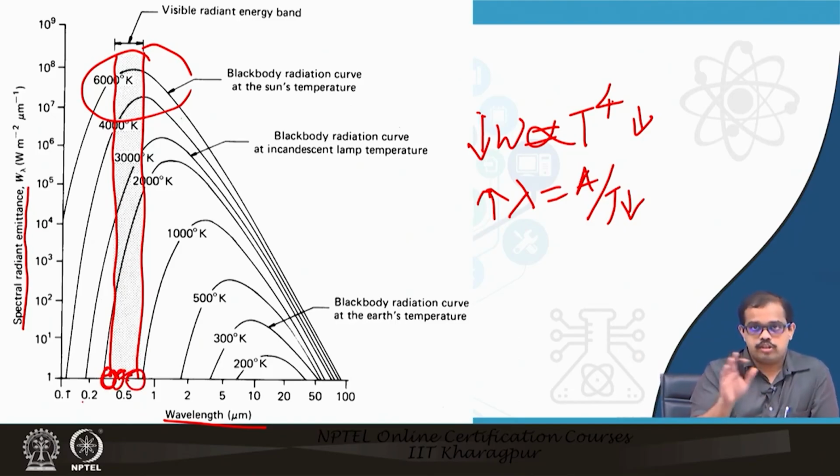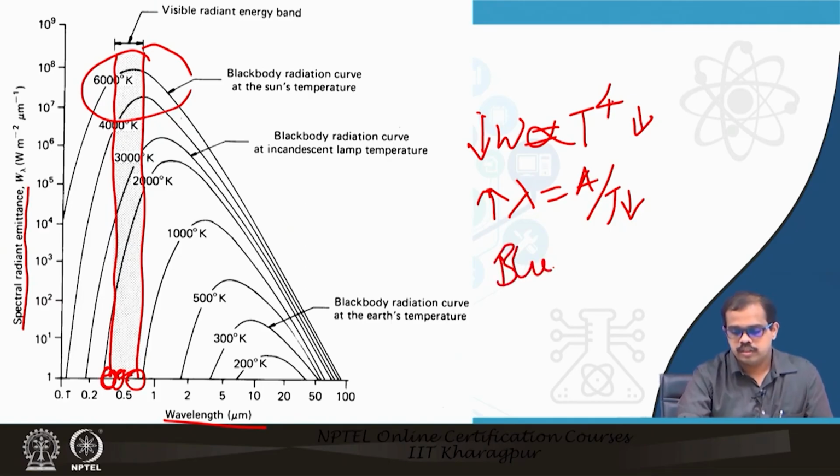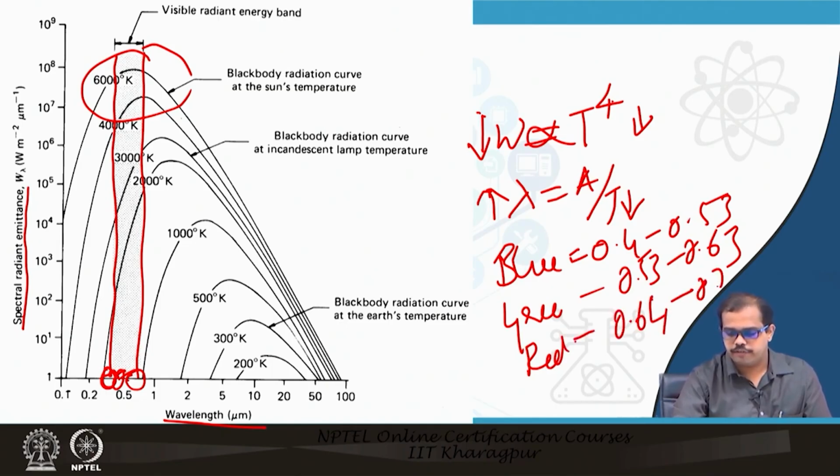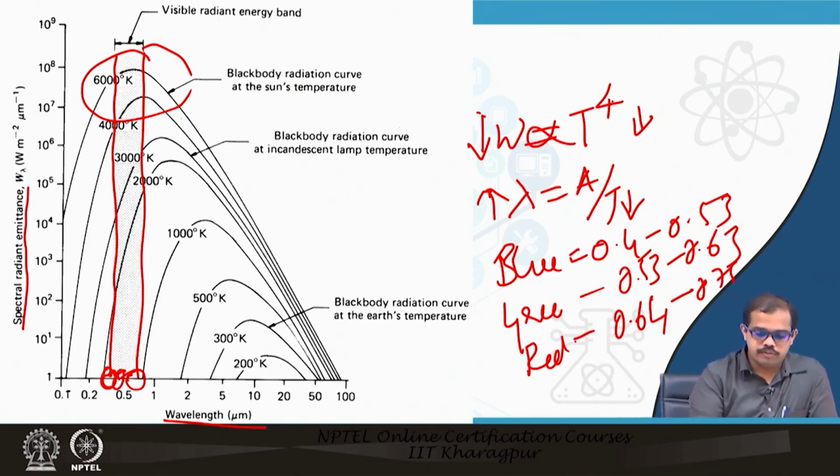In the electromagnetic spectrum, blue is somewhere around 0.4 to 0.5, green is 0.53 to 0.63, and red is somewhere 0.64 to 0.75 micrometers.